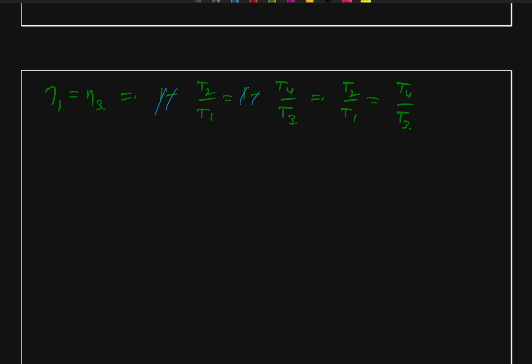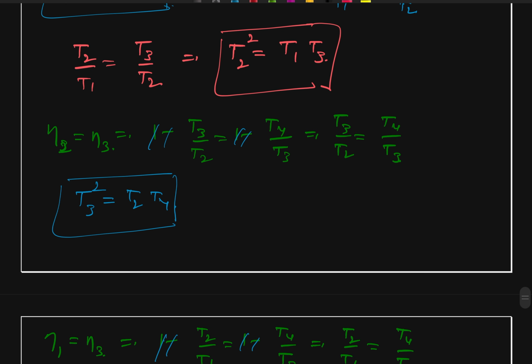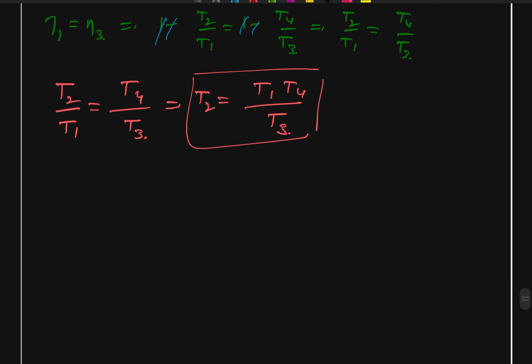So let me rewrite here. We get T2 upon T1 is equal to T4 upon T3. So from here we get T2 is equal to T1 T4 upon T3. Let me label these as equations 1, 2 and 3.